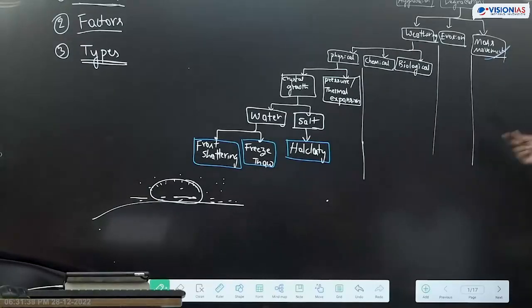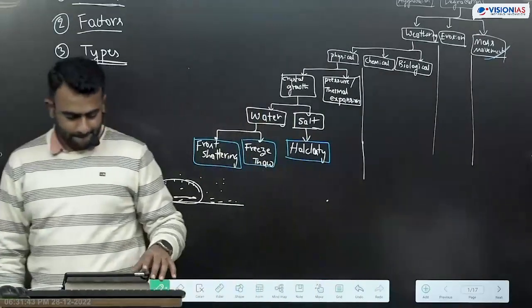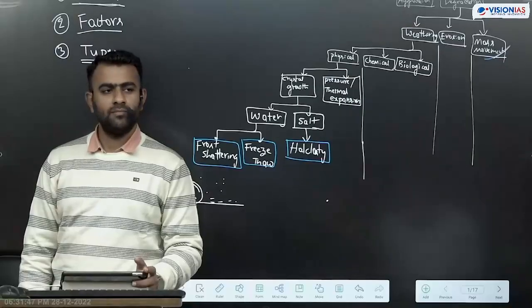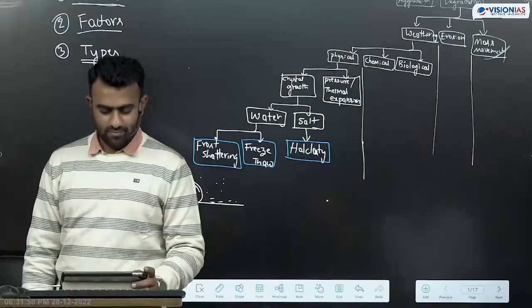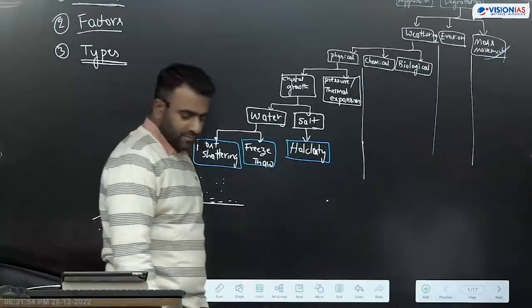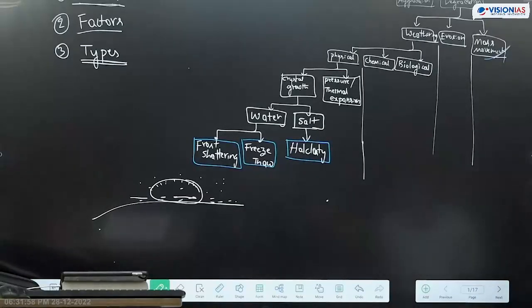ठीक है, write about this, then we'll come to the other one, pressure and thermal expansion. Doubt है? Okay, number 1 physical weathering. Types of weathering के अंदर number 1 physical weathering.